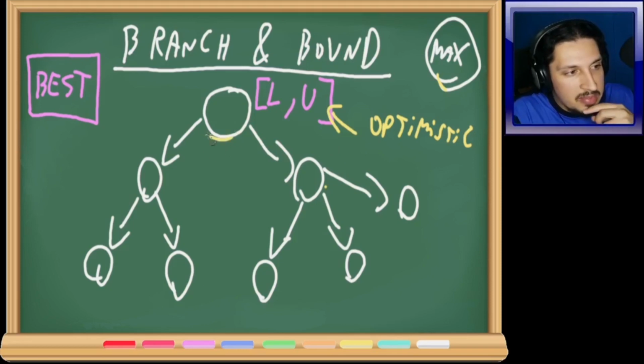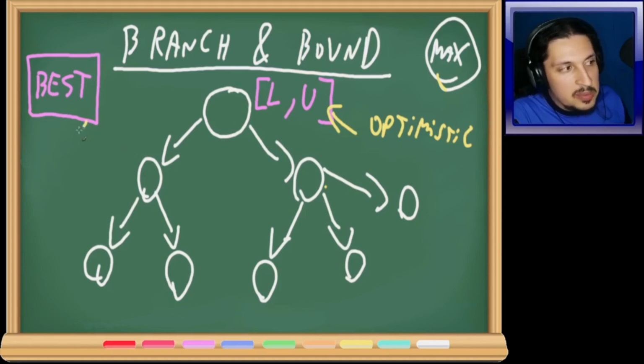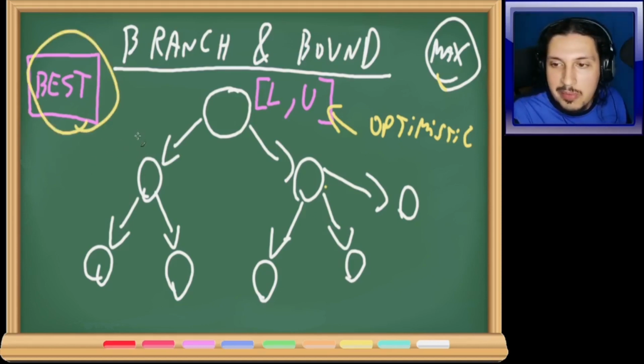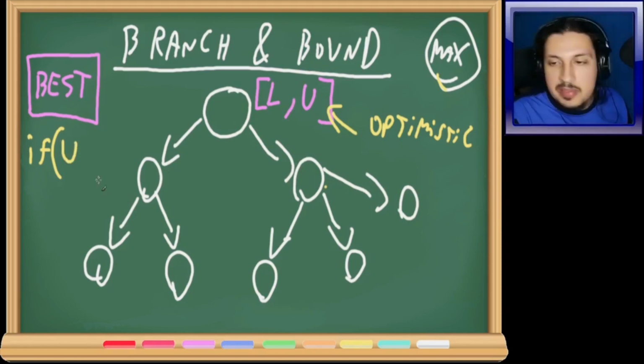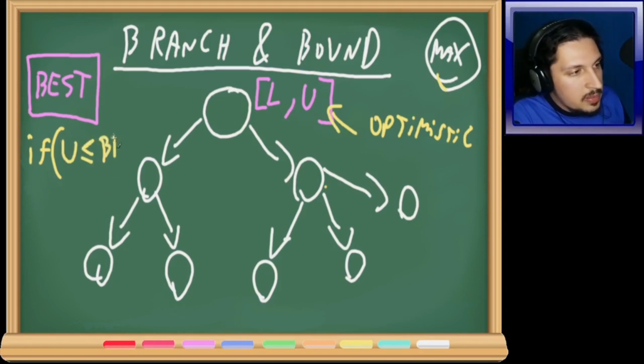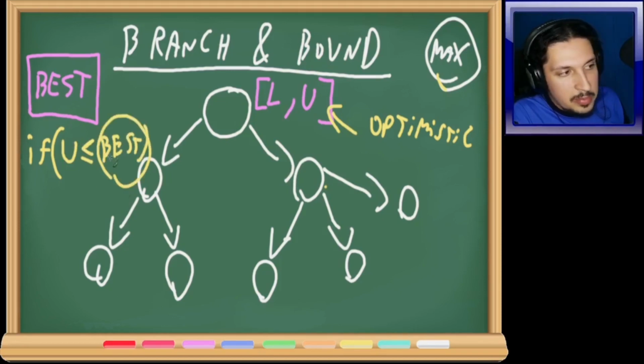At each node, you will add a check, and I already said it: if I cannot beat the best solution that I've ever seen, break. So the check is, if the upper bound for the current node, which is the best I will ever be able to get, is lower than best, and remember, best is a global variable that I keep all the time, if this happens, break.